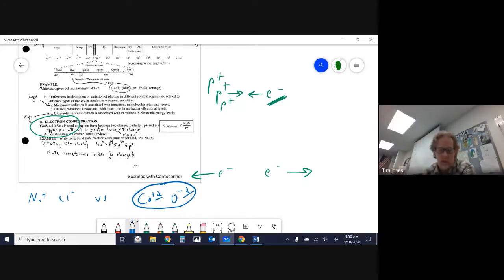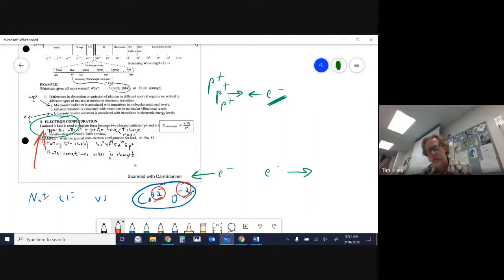Why? Well, a good explanation would be for you to say, well, calcium is a +2 charge, oxygen's a -2, and that is a higher charge than +1 and -1 in sodium and chlorine ions. This higher charge in the calcium and the oxygen, according to Coulomb's law, will have a stronger attraction.